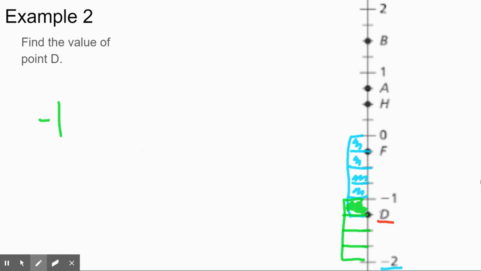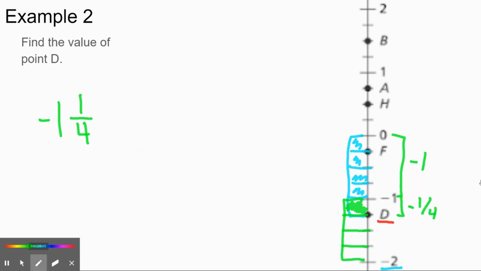And that means that we'll just have 1/4. Now, of course, these are negatives, so we need to bear that in mind. But we could just say that's -1 and 1/4. We've gone a whole 1 plus an extra little bit.